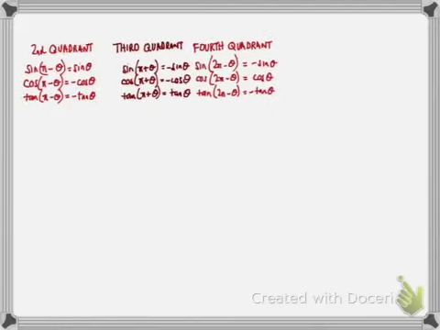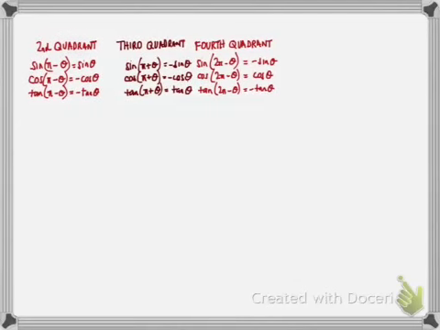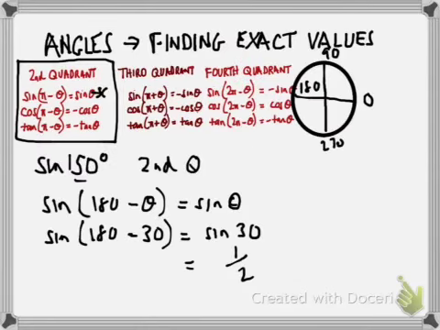Let's do another one. Let's go tan 300 degrees. Let's go through the process again. 300 degrees, what quadrant? Go back to my little diagram.